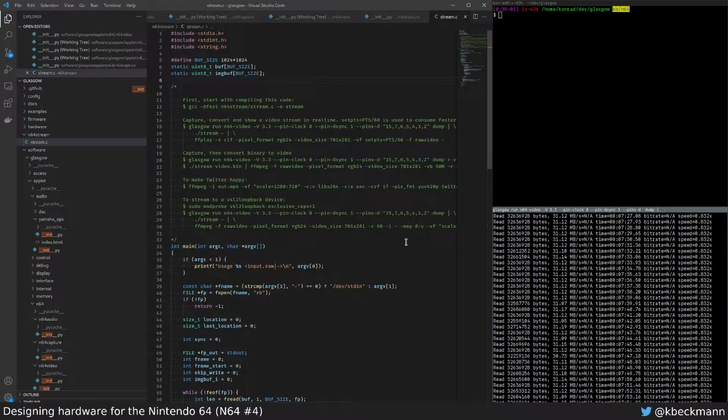So I wanted to do a quick recap of what I've been up to the last couple of days since the last stream. What you just saw was live streamed directly from my Nintendo 64, the video stream. Currently I have a setup where I've connected the raw RGB data, or the raw data pins that go into the video DAC, to an FPGA, a Glasgow.